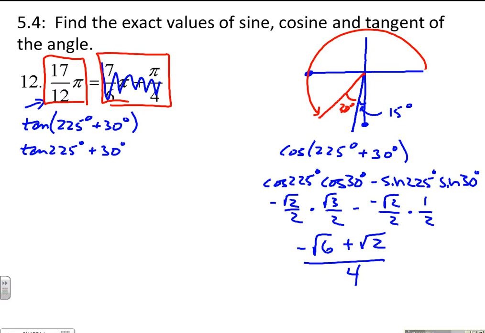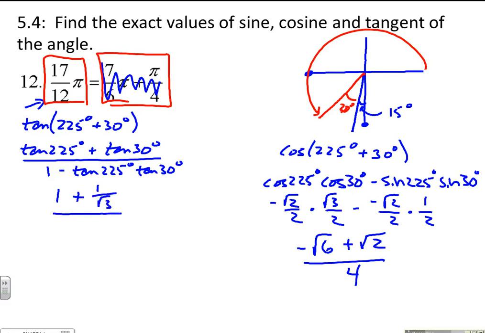Whoops. Tangent of 30. Sorry. All on 1 minus the product of the tangents. So tangent of 225, well, that's 45 degrees in the third quadrant. That's 1. Plus tangent of 30, that is 1 on root 3.